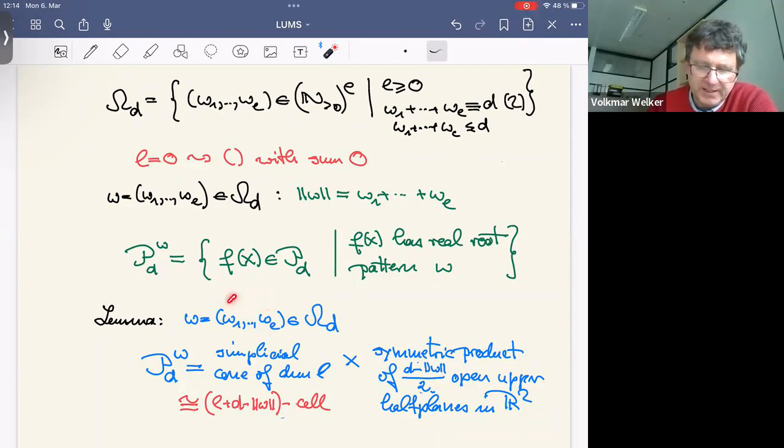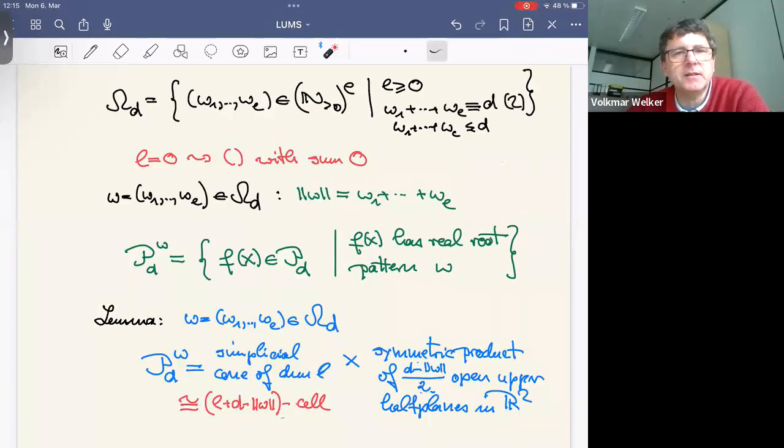So if x1 belongs to omega 1 and xl belongs to omega L, that's the corresponding root, then these roots must satisfy x1 less than or equal up to xl. And that defines a simplicial cone. So the real numbers satisfying these inequalities in R^d satisfy a simplicial cone of dimension L. So that's the first ingredient to define a polynomial here.